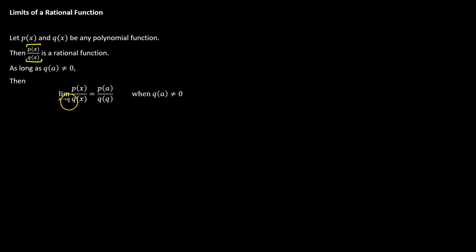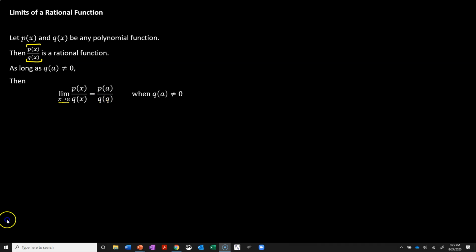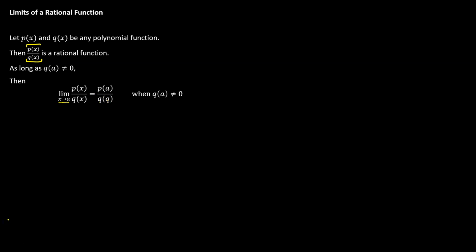And what we're saying from this slide is that we can simply replace p of x with p of a since x is approaching a. And we can do the same thing in the denominator. This is one of those things where you spend a little bit of time on one fact and then the next fact comes kind of for free.